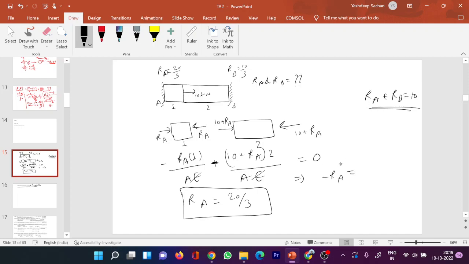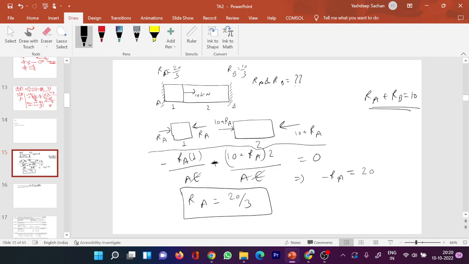Actually, sir, he is asking about the total length. As far as I took. Which total length? PL, L is the length of this part. Of this part.